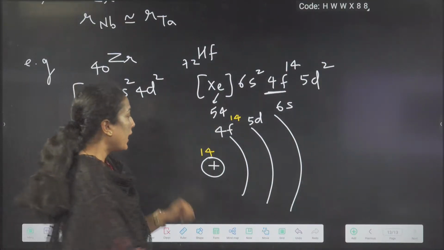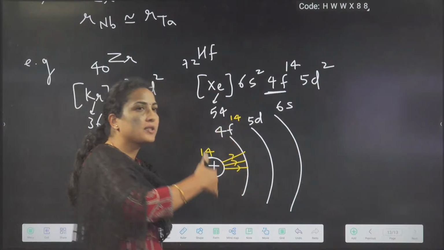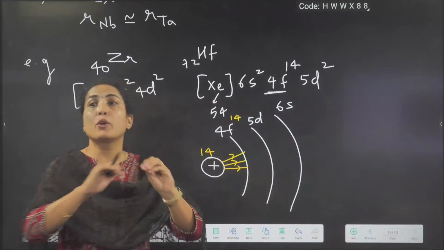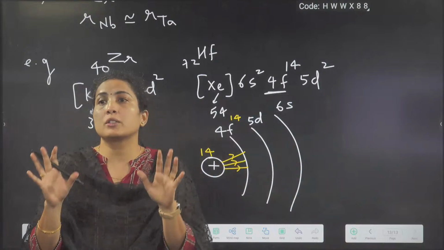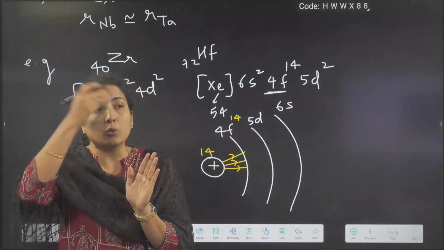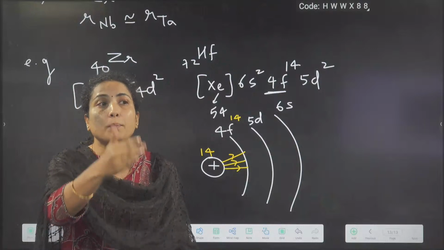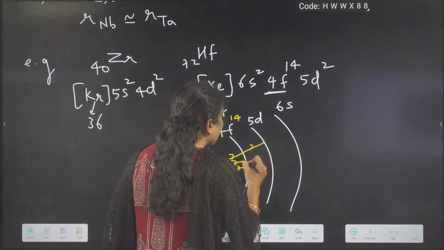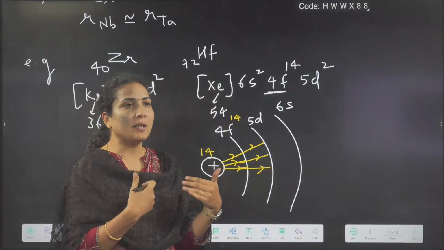Now this increased nuclear force of attraction, after crossing first, second, third, reaches 4f. And 4f is like, I'm poorest in protecting or shielding you, right? I'm not able to shield the outermost electron, or else I'm not capable enough to basically stop this nuclear force of attraction. So ultimately, this nuclear force of attraction reaches where? 5D. 5D is like, I am also your cousin only.